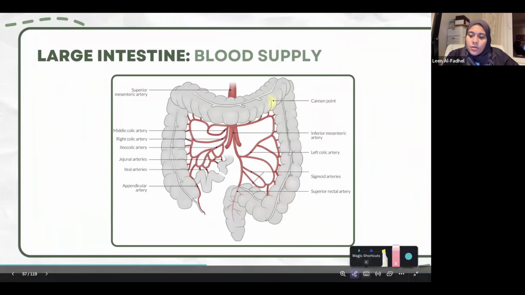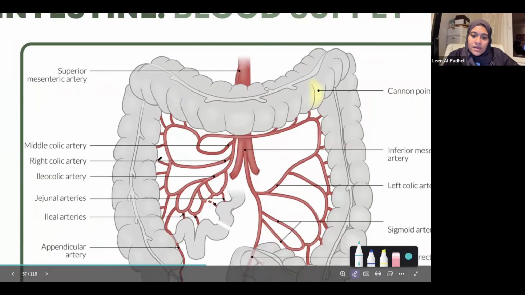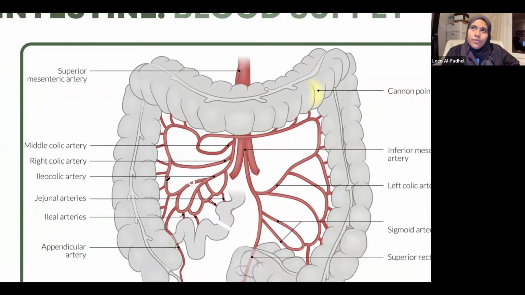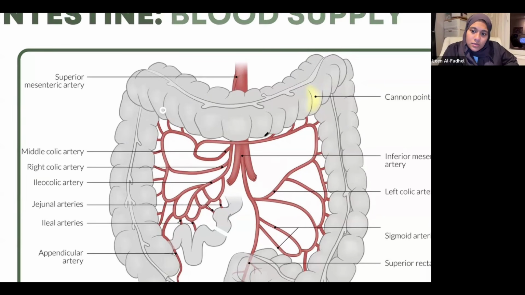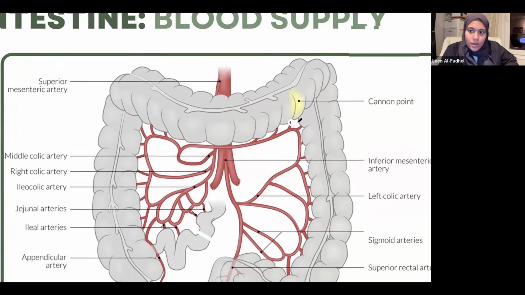So, there is one thing to keep in mind though. If you notice, the right side is way more supplied than the left side, especially up here. Here you have two arteries supplying the right side, which means on the left side you only have one artery supplying. Okay? And why am I bringing this up?